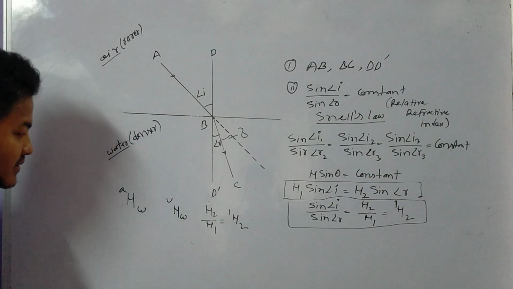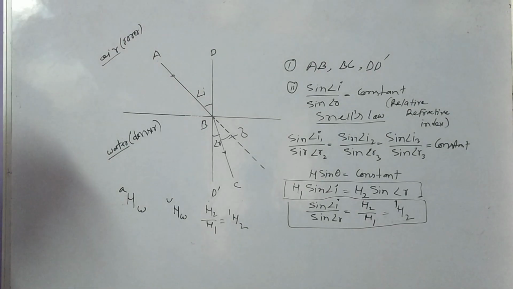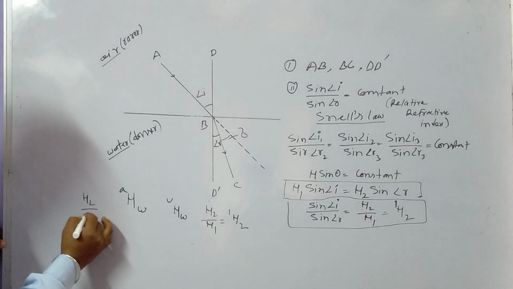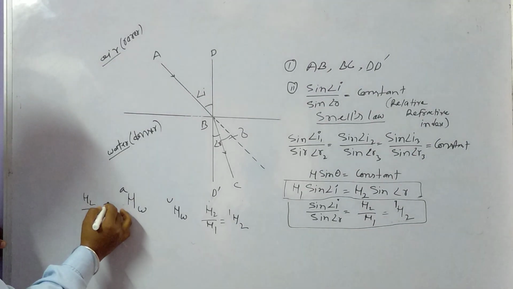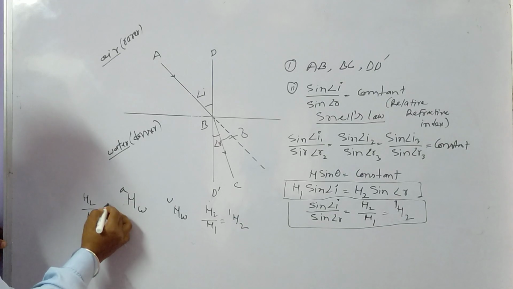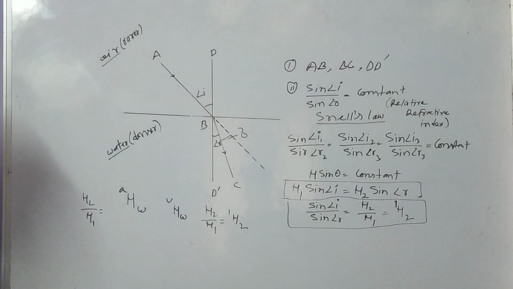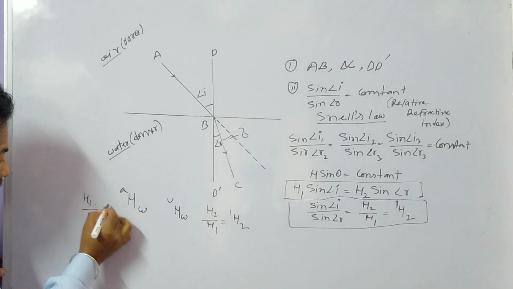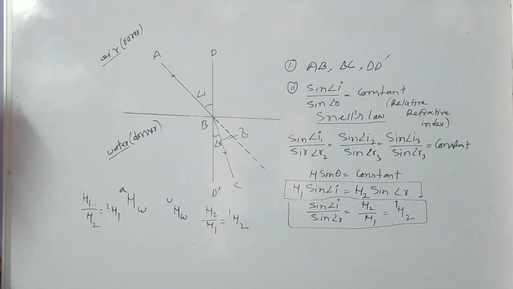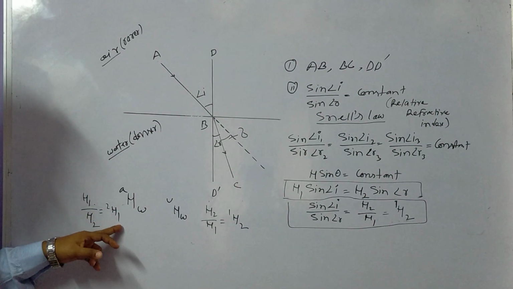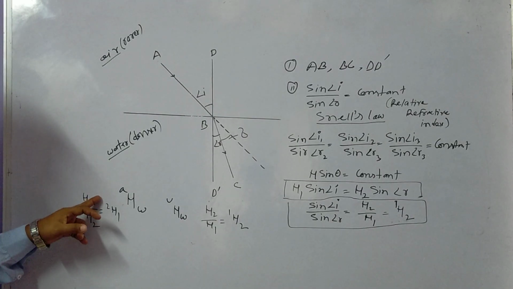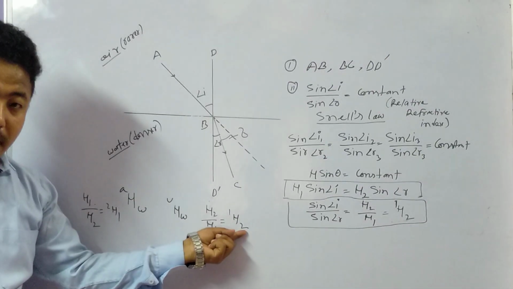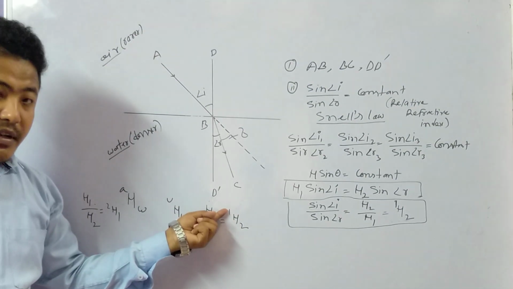If I write another thing, mu1 by mu2, this will be written as 2 mu1. That means the refractive index of the first medium with respect to the second medium. These are the relations you can write. Refractive index of the second medium with respect to the first medium.